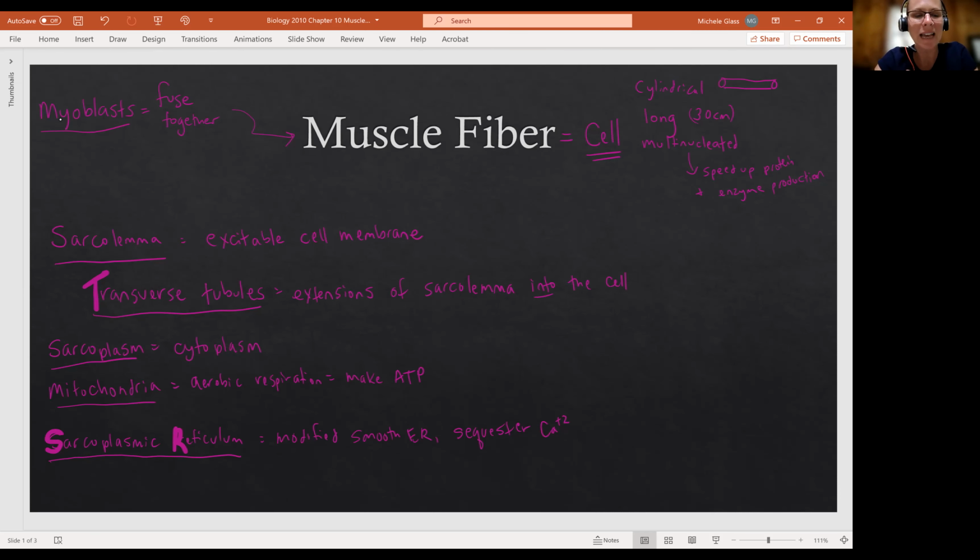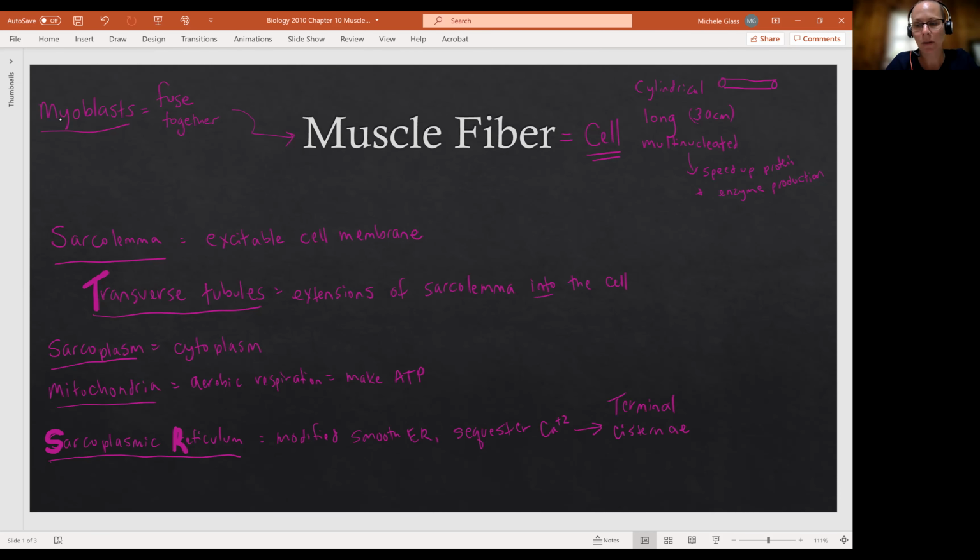So what we'll see is that the sarcoplasmic reticulum will actively, that means requires ATP, actively pump calcium ion out of the sarcoplasm, that's the cytoplasm of the cell, and hold it in the SR. And we're going to see that we have these enlarged portions of the SR called terminal cisternae, that would be plural, with the AE ending.